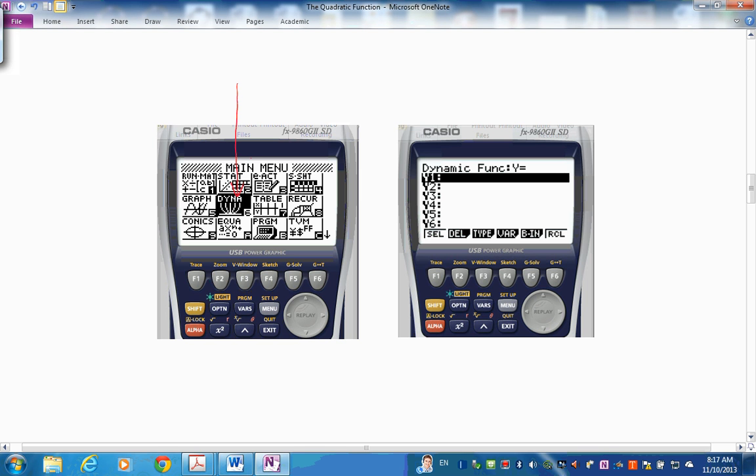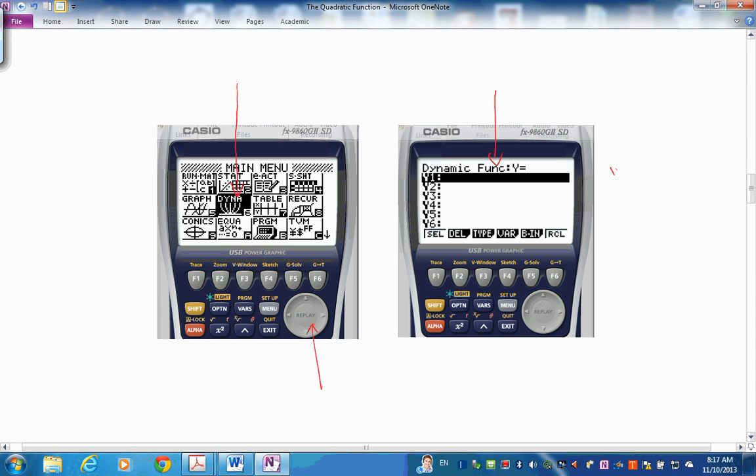Dyna stands for dynamic, so scroll around the screen with this button until that is lit up, and then hit execute. And you get a window very similar to the ordinary function window, but it's dynamic function y equals. What does that mean? Well, it means we can introduce another variable.